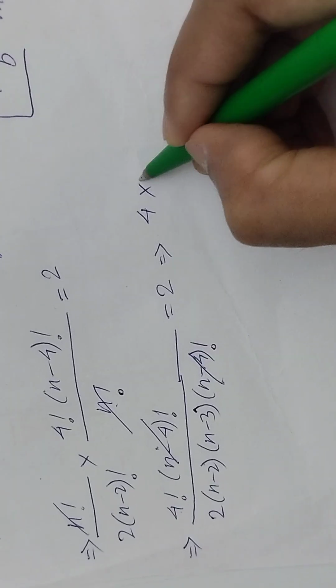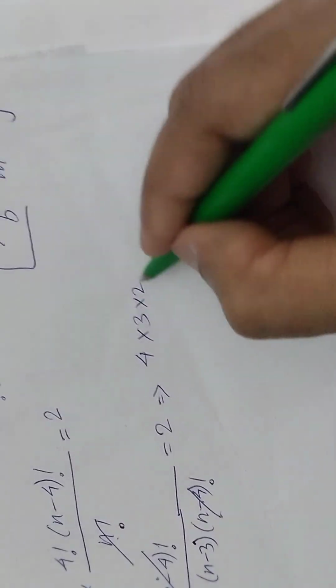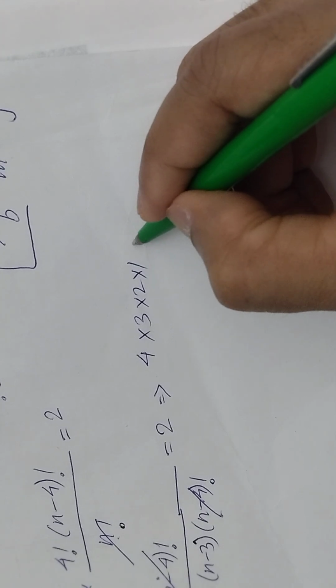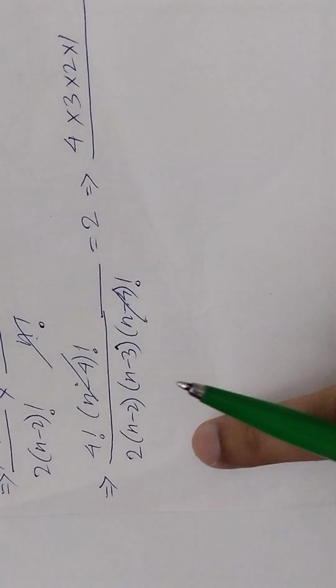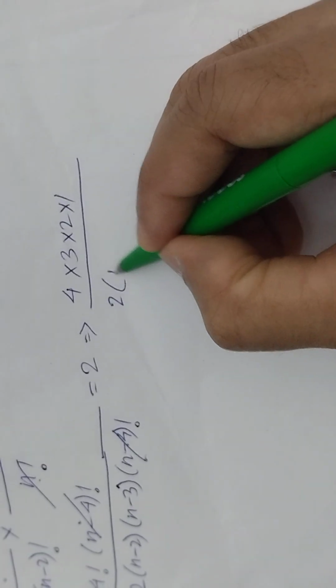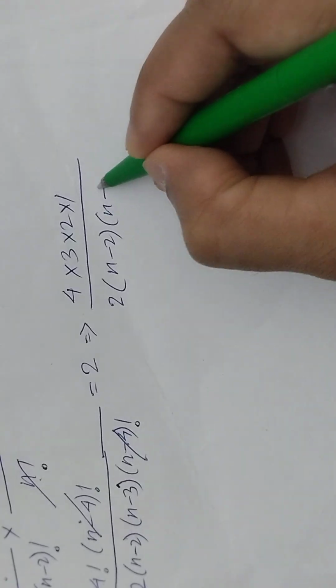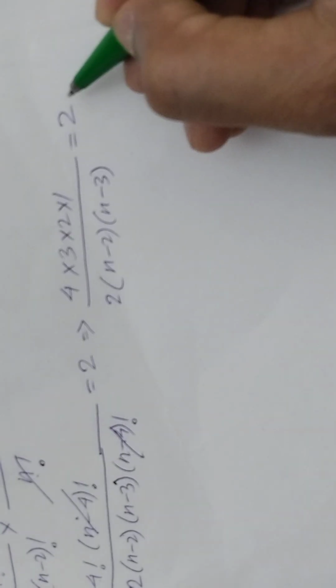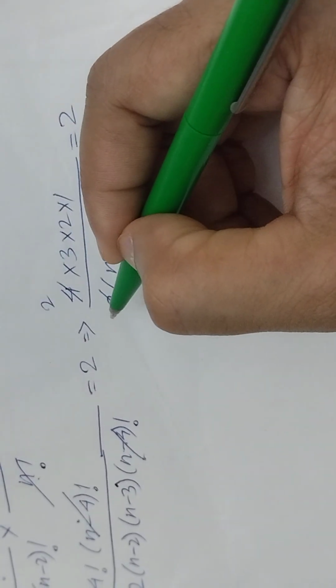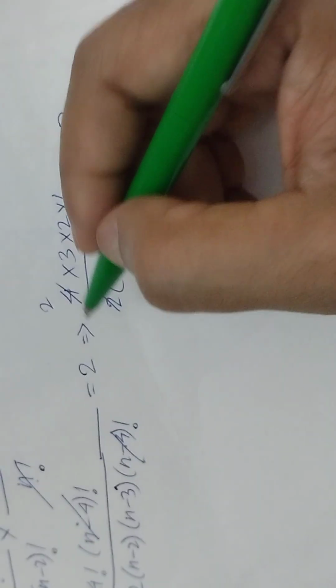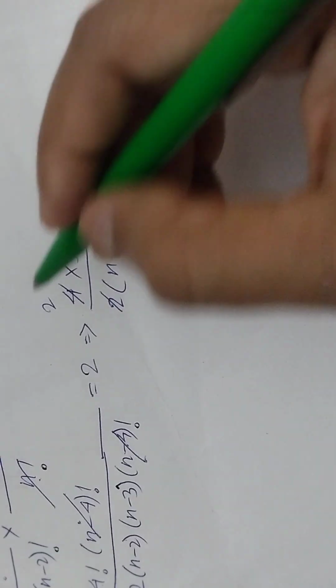4 factorial is 4 into 3 into 2 into 1, divided by, we had a 2 there remaining, so put that 2 into n minus 2 into n minus 3 is equal to 2. Now you see this 2 and this 4 can be cancelled out. Another thing, if on the LHS and on the RHS there is a 2, it can be cancelled out.